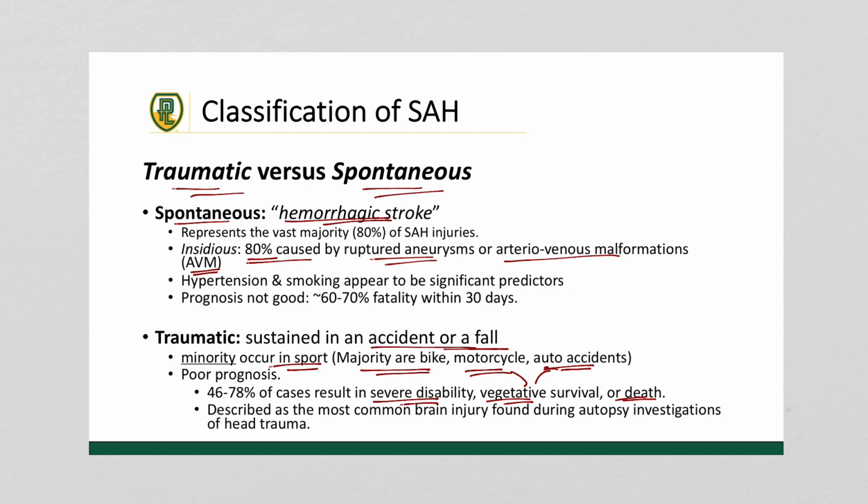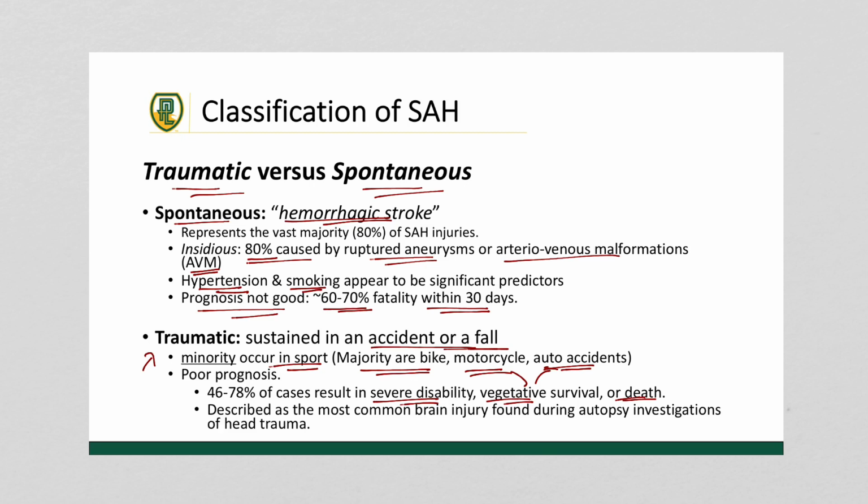We do know that patients who have high blood pressure or who smoke tend to suffer from the spontaneous type of subarachnoid hemorrhage more than not. That pretty much has to do with pressure on the arteriovenous system, but prognosis is not good in this instance as well. So 60 to 70% fatality rate within 30 days. But I guess with traumatic, the prognosis is better than the spontaneous.